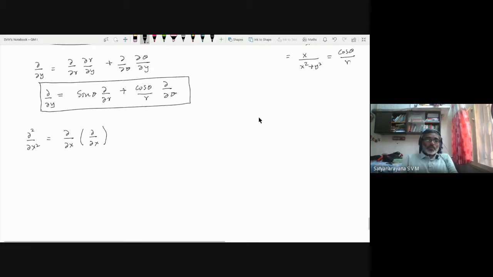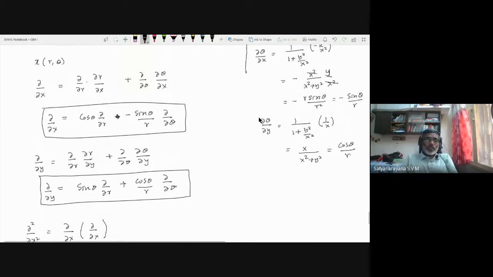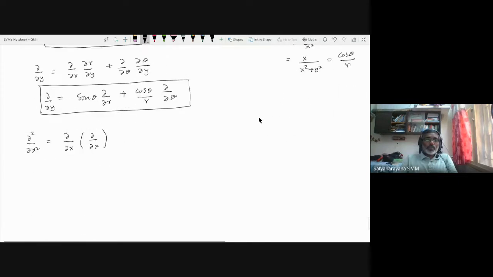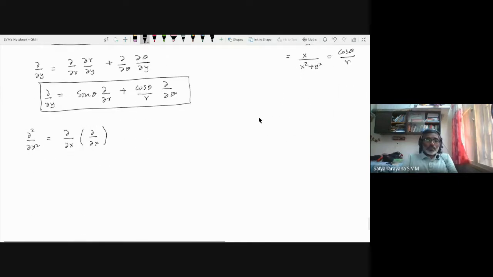So this you can write in the following fashion. So this is equal to cos θ into ∂/∂r minus sin θ by r into ∂/∂θ, into the same quantity, cos θ ∂/∂r minus sin θ by r into ∂/∂θ.